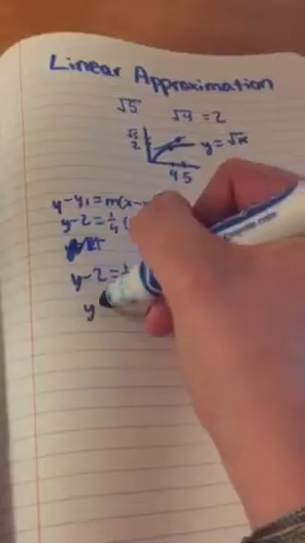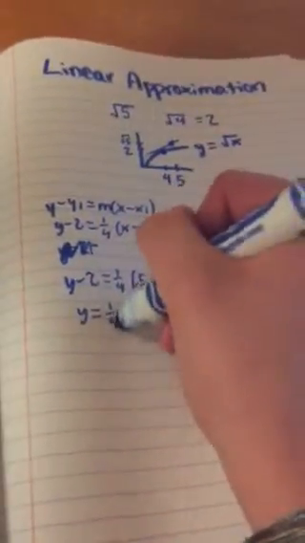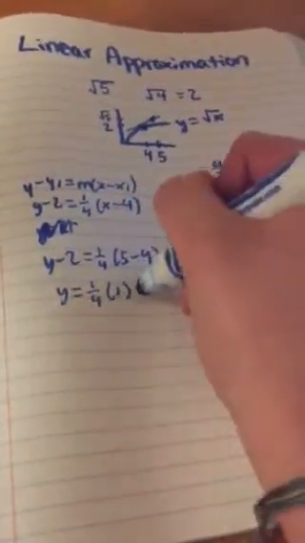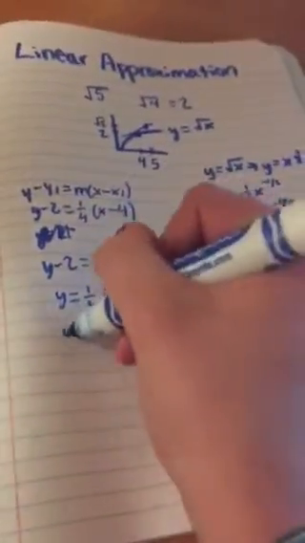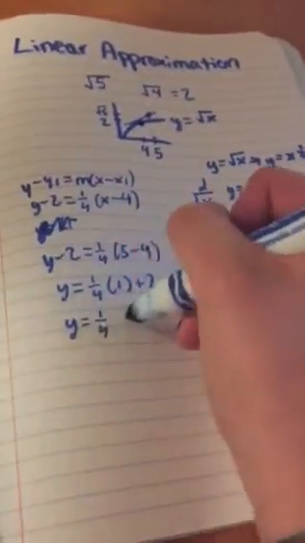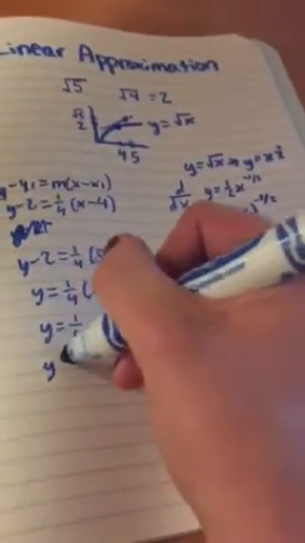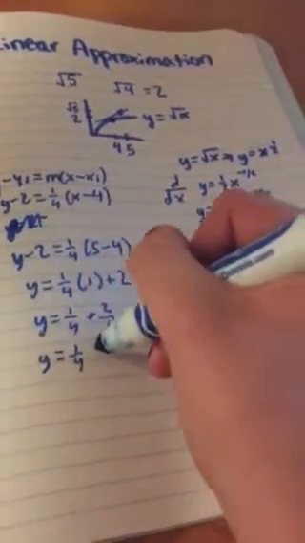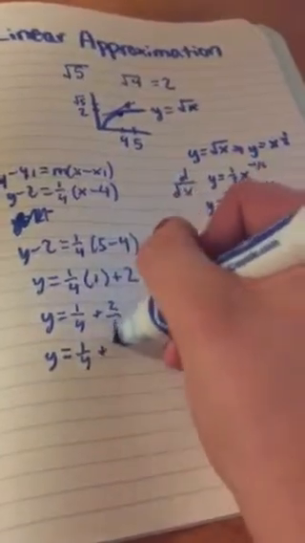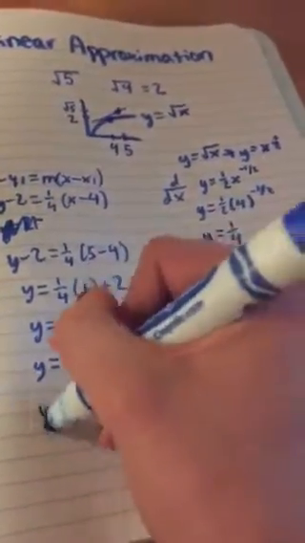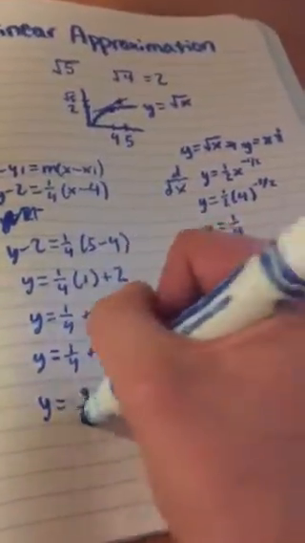Solving this, we get y equals 1/4 times 1 plus 2. So we get y equals 1 over 4 plus 2 over 1. We just make the same base: 1 over 4 plus 2 times 4 is 8 over 4. Y is equal to 9 over 4.